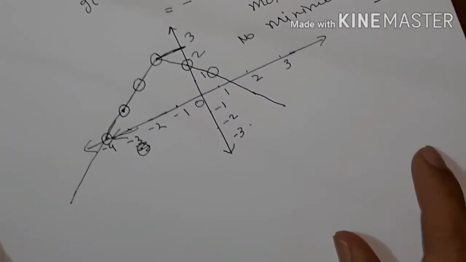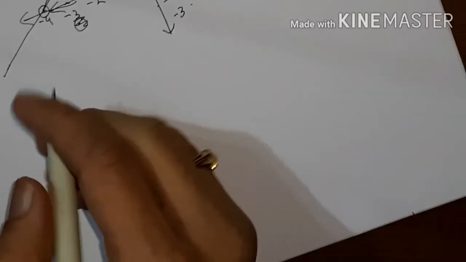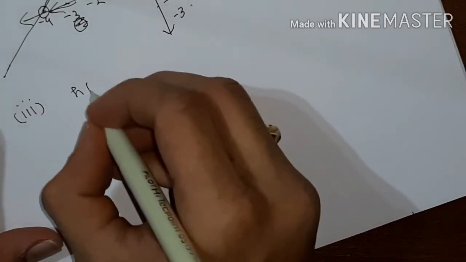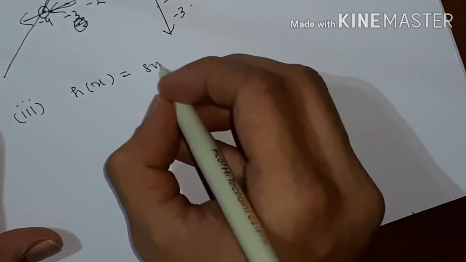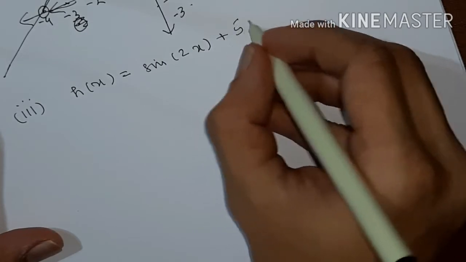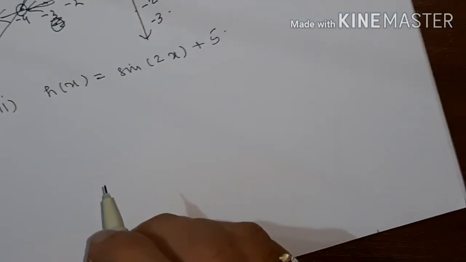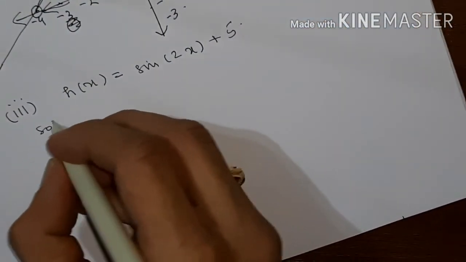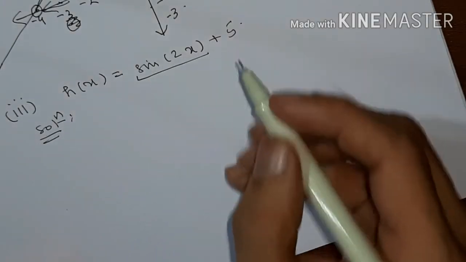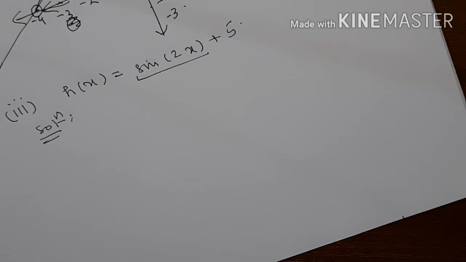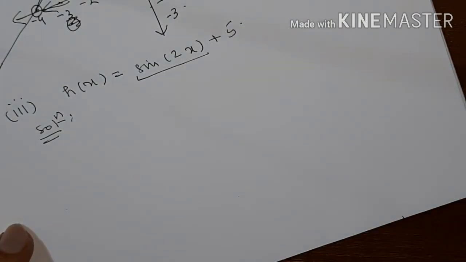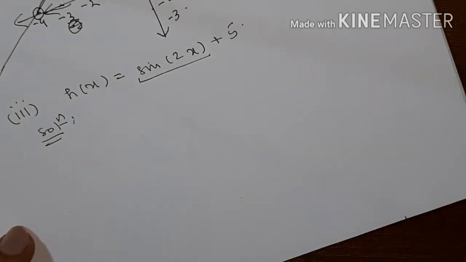Now let us go to the third. So what you have is h of x equal to sine 2x plus 5. Okay, so here you don't need to plot a graph. You look at which values this sine is 0 or the sine is minimum, right?